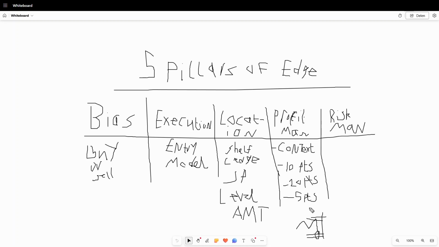That can be either one of those, or even 30 points, even 40 points. When do you want to secure your profits? Do you want to take a partial at a few points and then let the rest run, or do you want to target the VWAP?